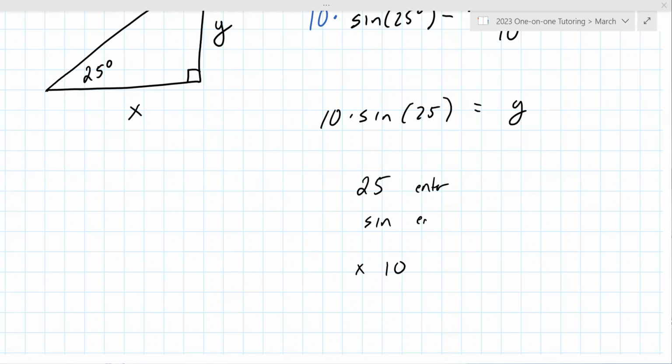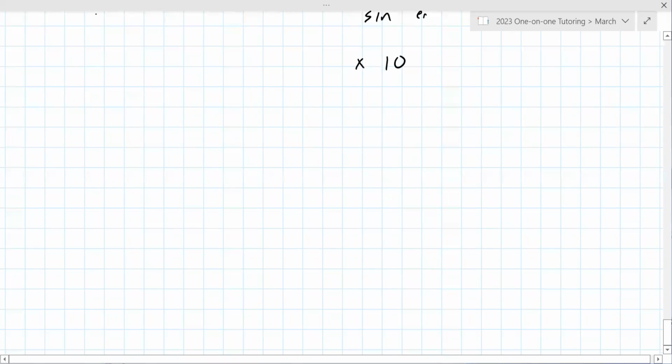Okay, but somehow you were getting a different answer before. So which one is correct and why? Can you tell me now the sine of 25? I'm just asking for the sine of 25. It is not 4.2. What is the sine of 25 degrees?